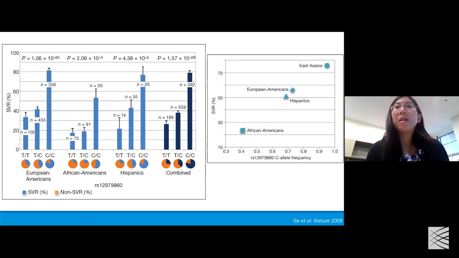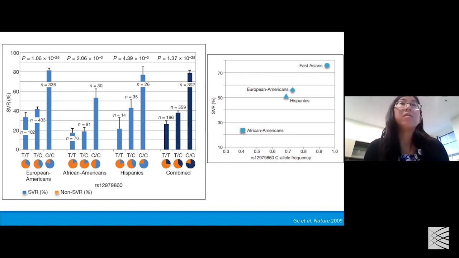Here we see on the left that the percentage of individuals who reached sustained virologic response differed by IL-28B genotype, where the C allele was the response allele. What's interesting is that the frequency of the C allele, when you stratify by ancestry, was much lower in African Americans.